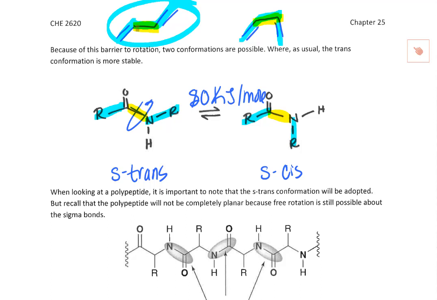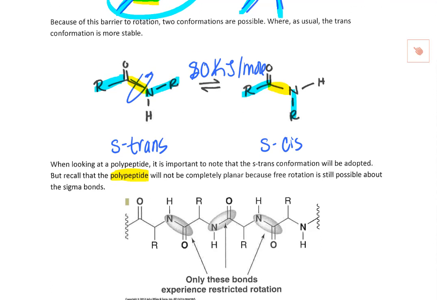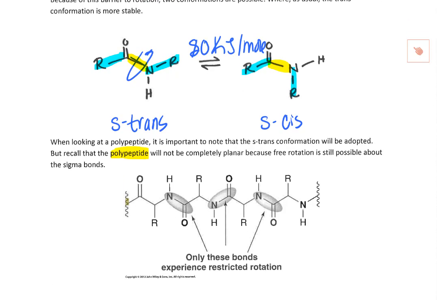So why does this matter? This matters because when we have a polypeptide, which is a protein, it's not going to be completely planar, because what's going to happen is you're going to have some bonds that have restricted rotation, and that's going to be these bonds here.